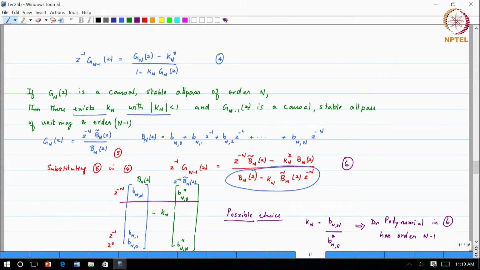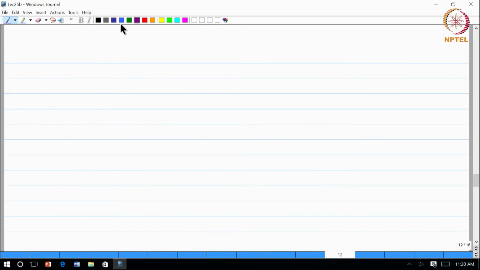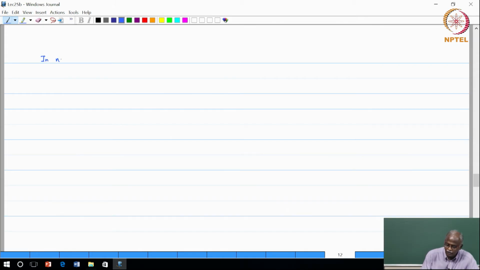Okay. Now, spend a minute to tell me what the coefficient on the numerator will be. So basically, it will be z power minus n Bn of z, that is sitting there, minus Kn conjugate times the coefficients of Bn of z. Okay. If you write that down and substitute what you have here, you can verify that in the numerator term, yes, the constant term gets knocked off.